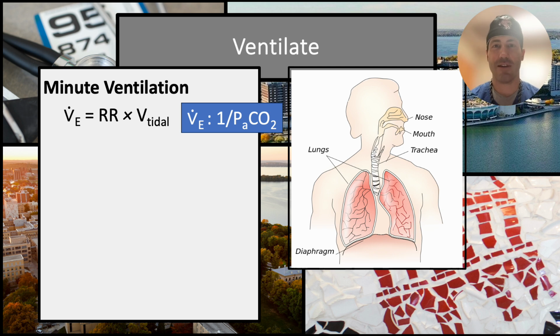If you're on standard vent settings of a respiratory rate of 10 with a 500 milliliter tidal volume, and your CO2 is 44, if you want the CO2 to go down 4 and normalize to 40, that's a 10% reduction in CO2. So you're going to want to go up on your minute ventilation by 10%. With a respiratory rate of 10, going up 10% is easy. You turn the respiratory rate up 1.